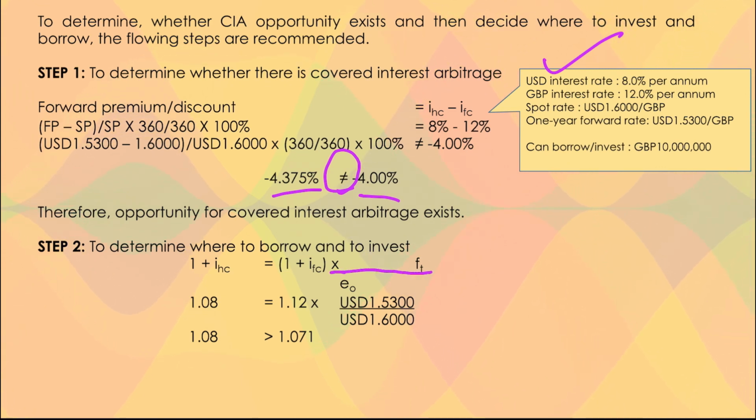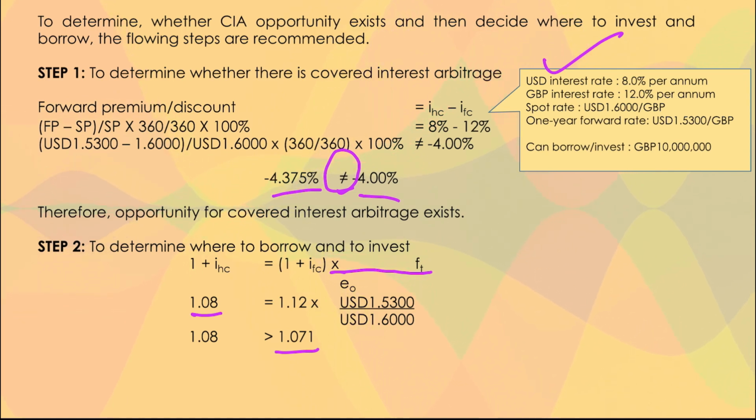So 1 plus interest at home currency is 1.08. And when you substitute the values into the formula, you will get 1.071.